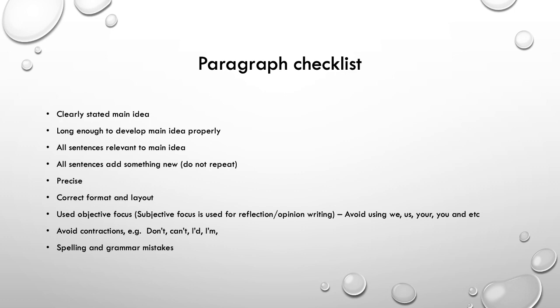I do not want students to include things like "in other words." The minute you write "in other words," you are probably repeating what you said earlier in the paragraph. I want your writing to be precise, to use correct format, and if possible, I want students to use the objective focus. So avoid things like we, us, your, you.